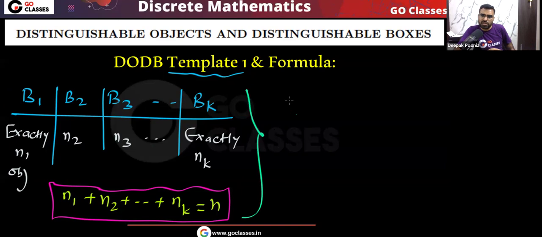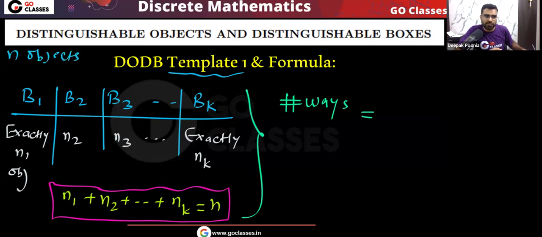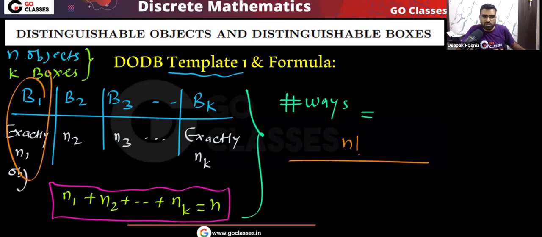What is the direct formula? What is the number of ways? Total you have n objects, and we have total k boxes. So tell me, the number of ways will be n factorial divided by, because remember the number of objects in every box is already given to you.